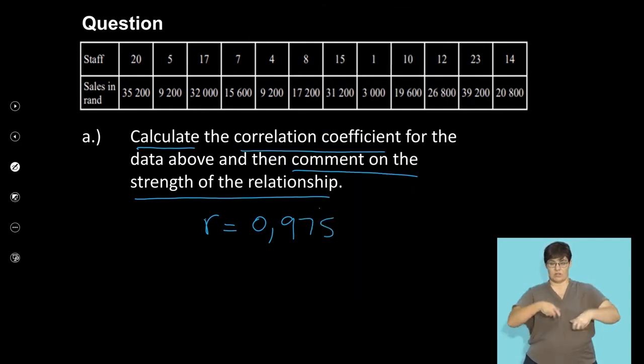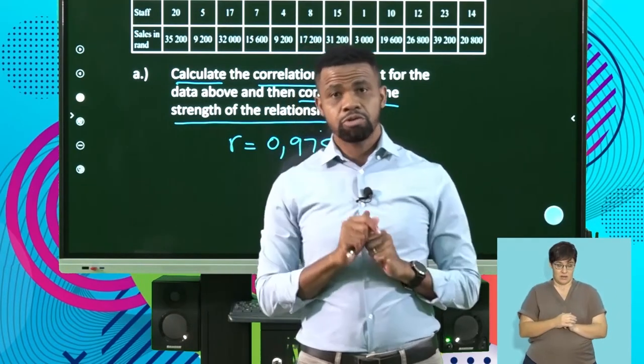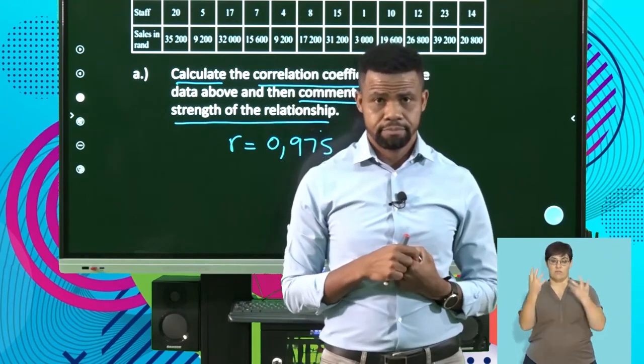We calculated it using our calculator. You put your calculator in stat mode, you get a table, put in all the data, AC to store the data, then shift 1. Are we together? Then you're able to select R for correlation.